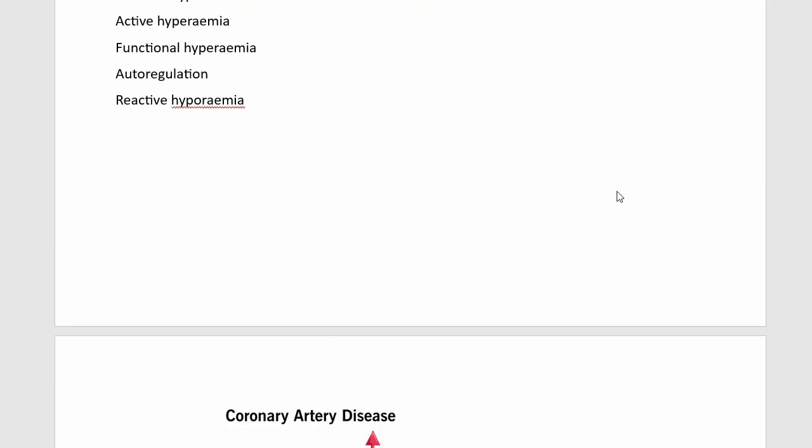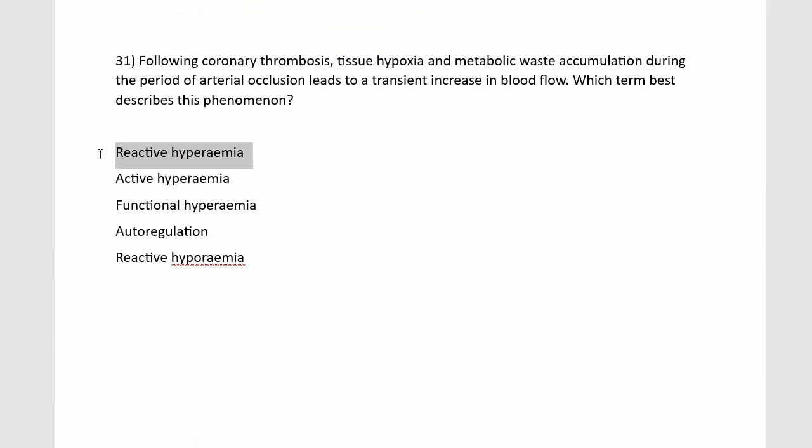So if we go back to our potential answers, the correct answer is reactive hyperemia. We'll quickly go through the other ones just so we understand what they are. Active hyperemia is also an increase in blood flow, but it is specifically in response to increased metabolic activity in the tissue, like vasodilation to the heart when you're doing exercise.